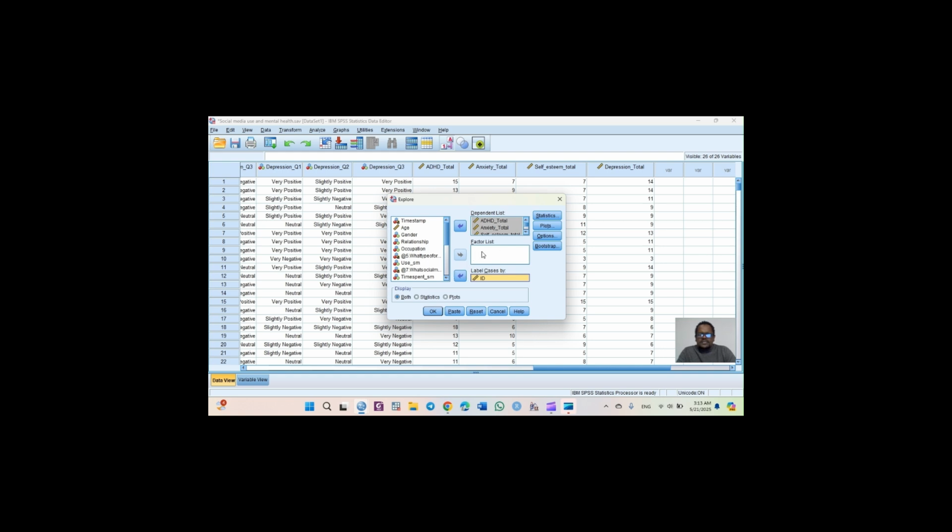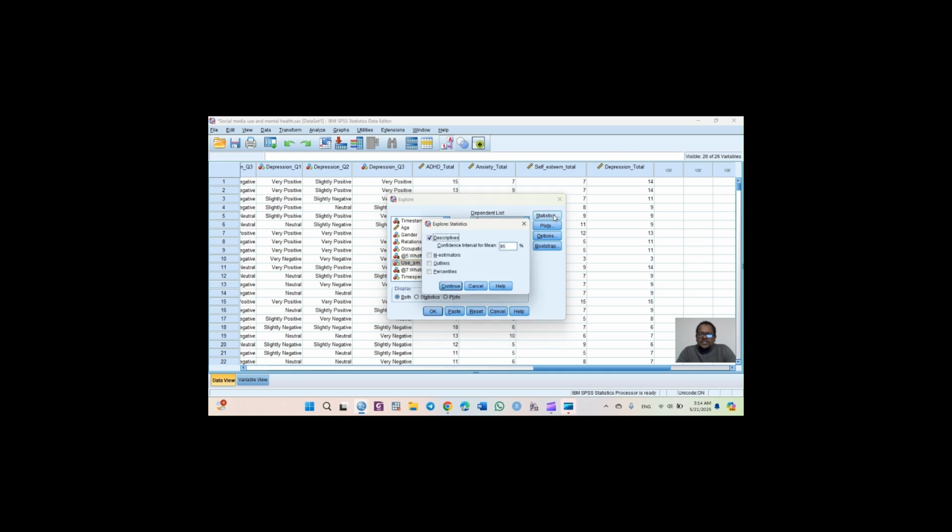In the Factor List, you can put factor variables if you are interested. For example, you can compare between male and female, or between those who use social media and those who do not. If you're interested. For now, I will keep it blank.